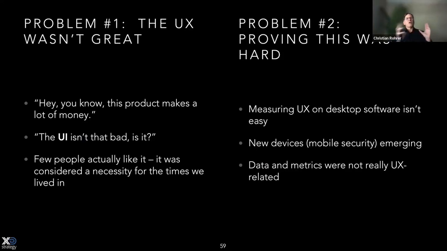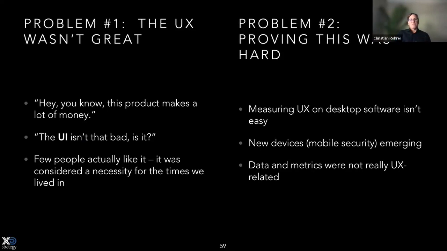But the overall product, the antivirus suite, was not that great, but it made a lot of money. And so the question came up: how can we prove that it's maybe on par or better than the competitors? With a desktop app, it's very hard to measure at the time, because you can't instrument it to see how many people go through. And I really wanted to measure the desktop experience.